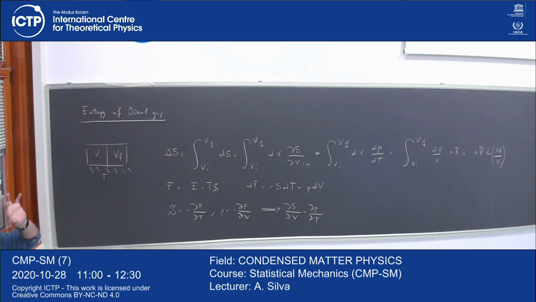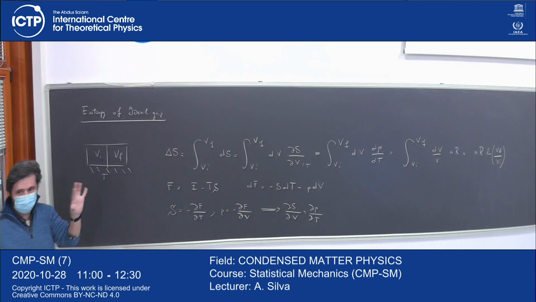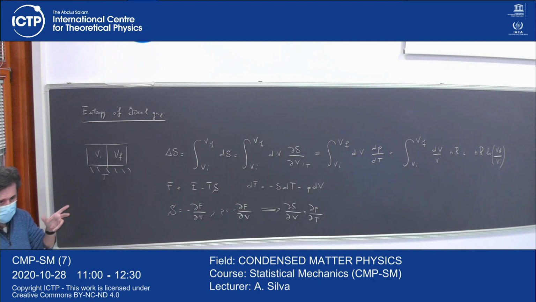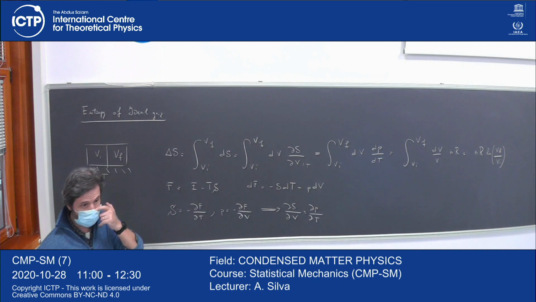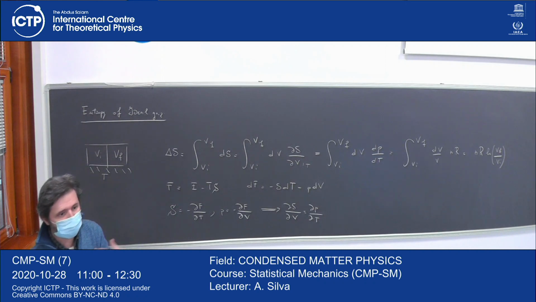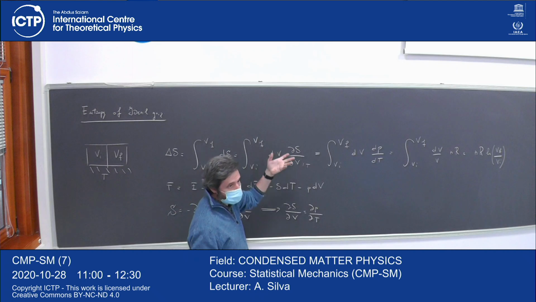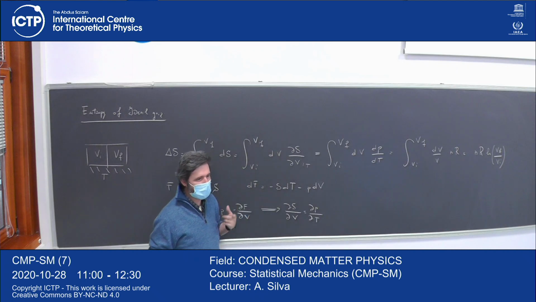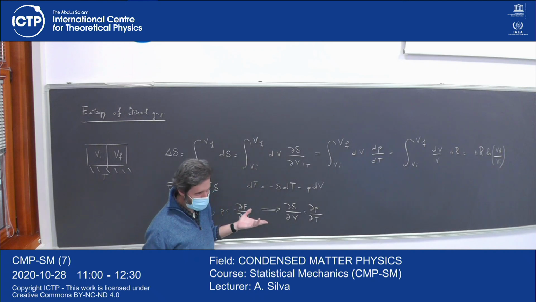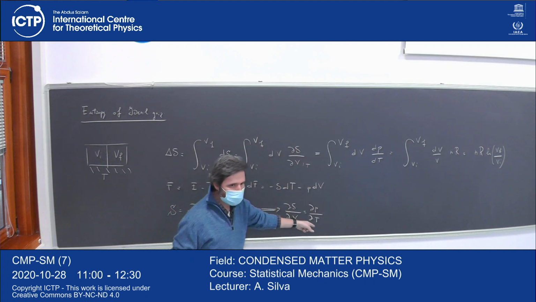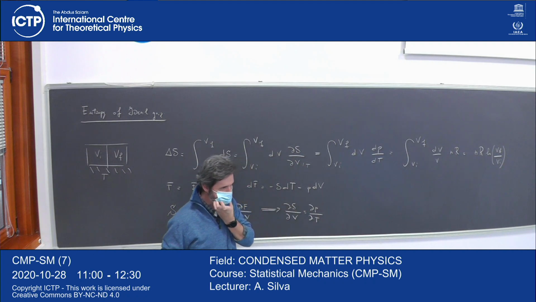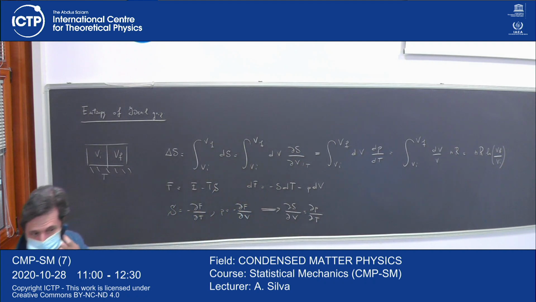The whole idea of using thermodynamic potentials to describe various situations in which you fix certain variables, and then using cross relations to compute the derivatives that by themselves are not that straightforward to compute, because you want to compute S, you don't know how S looks like, and here you should compute dS/dV. Well, luckily you have the Maxwell relation, otherwise it would not be that easy, even if you know the equation of state.